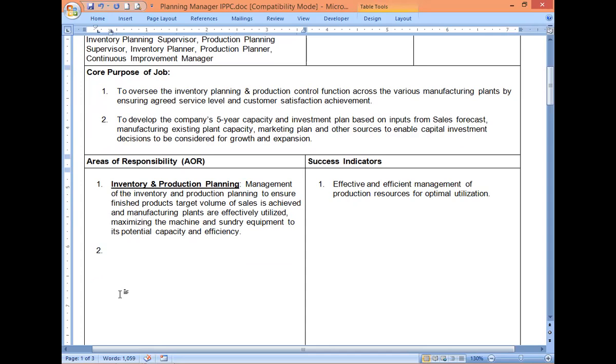So for 1 liter of juice or milk, how much would be your COGS, or CTP, cost to produce? Okay, it's very important that we know that. So you have to think about the cost also at the same time. So next would be the service level, achievement of service level.